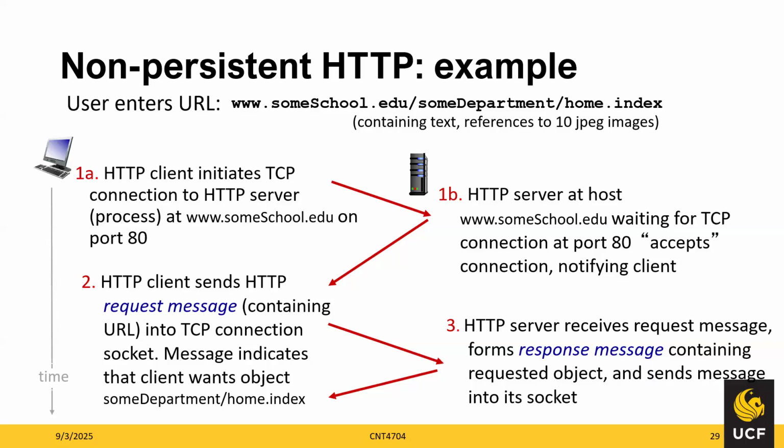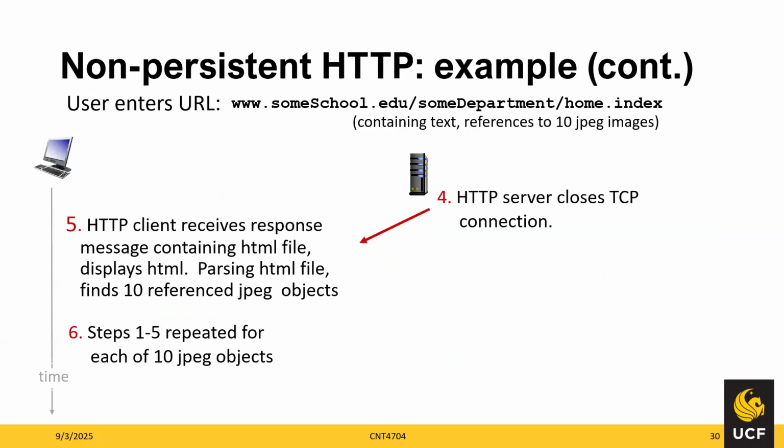Because this is non-persistent, each of those images would require a separate, new connection and a repeat of this process. So if we have 10 images, this gets repeated 10 times. After it requests the first object, the first image, the server closes the connection. This happens because we're using non-persistent.